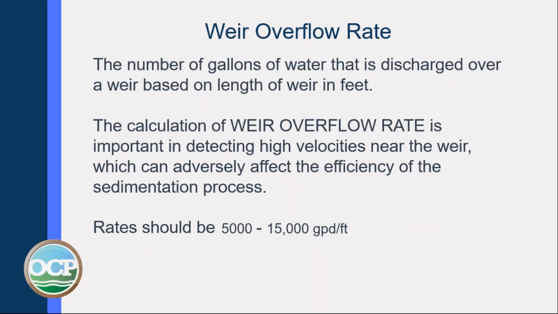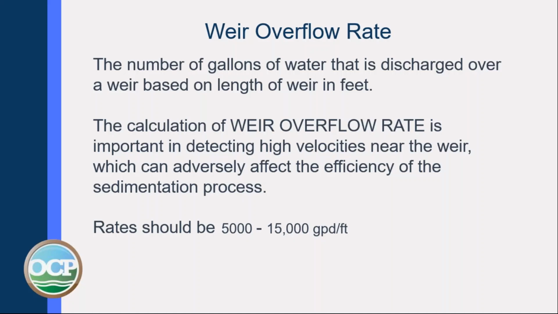The weir overflow rate is another design criteria for clarifiers. The number of gallons of water that is discharged over the weir is based on the length of the weir in feet and the gallons per day flow going into the tank.